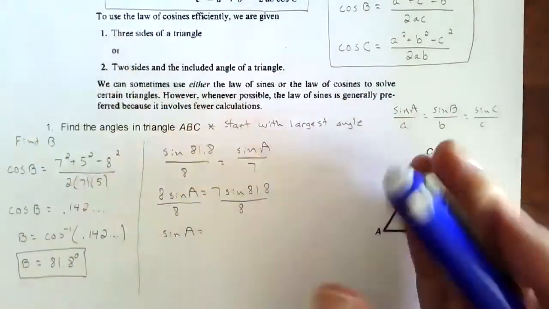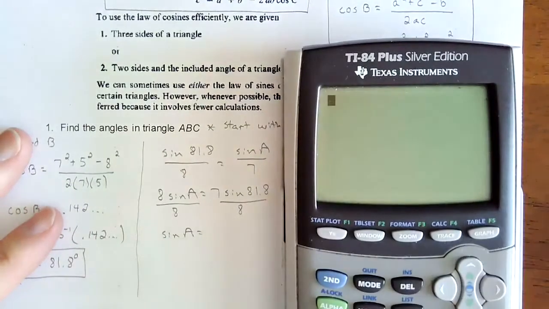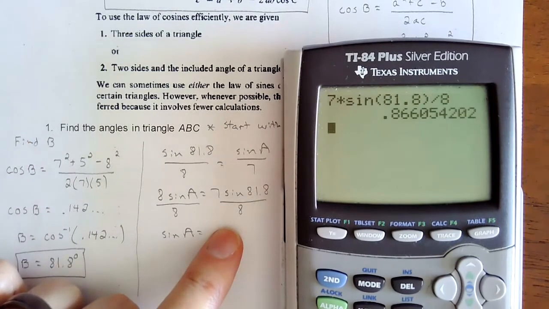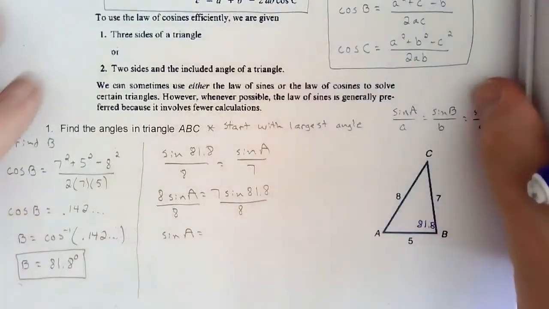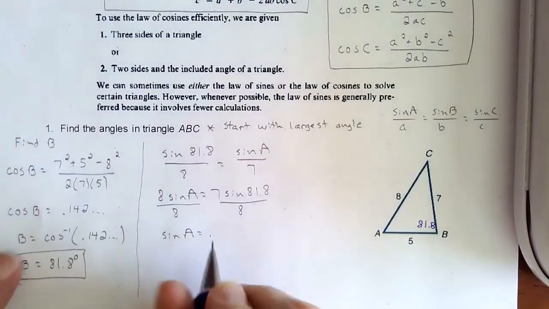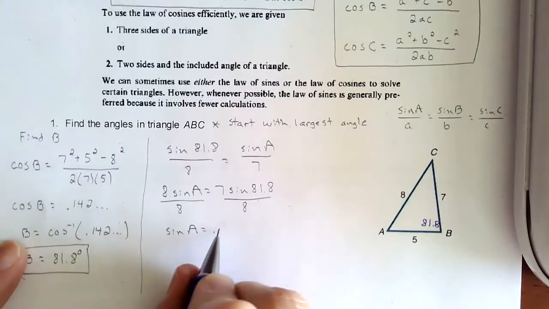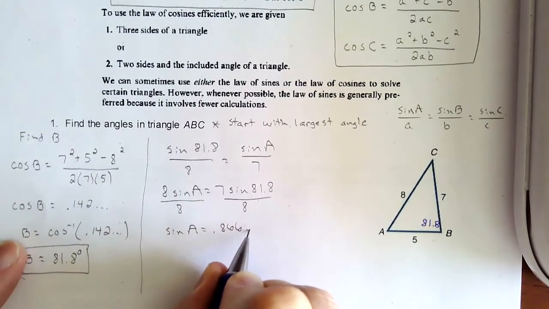It's the calculator. 7 times sine of 81.8, in parentheses, divided by 8. Okay, so 0.866 dot dot dot. So we're in the exact same kind of situation we were at the last part. We got 0.866 dot dot dot.